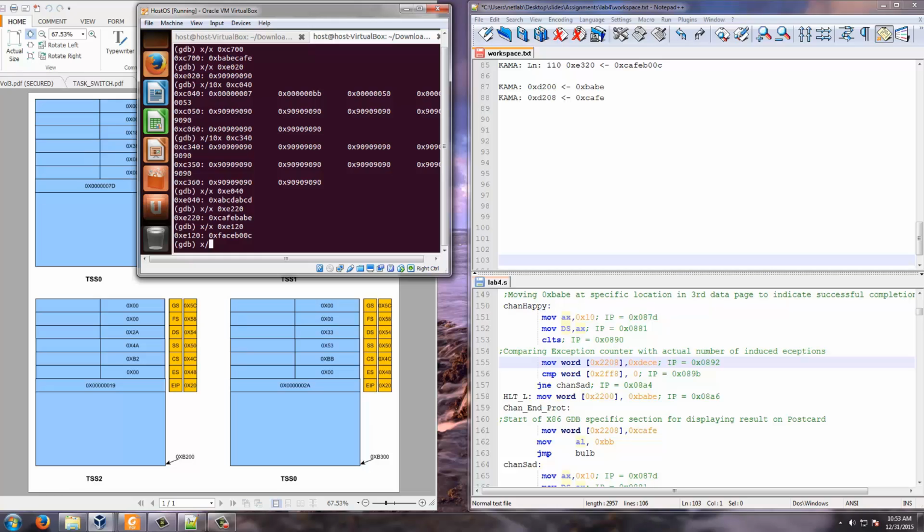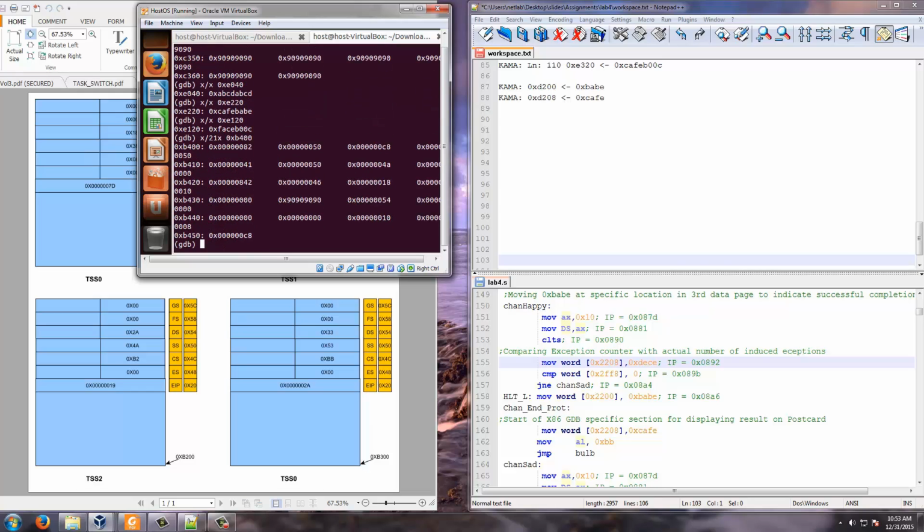So each x will give me 4 bytes. So 104 by 4 is 21. So 21x, S slash 21x 0x B400. This is the interrupt service routine task gate.